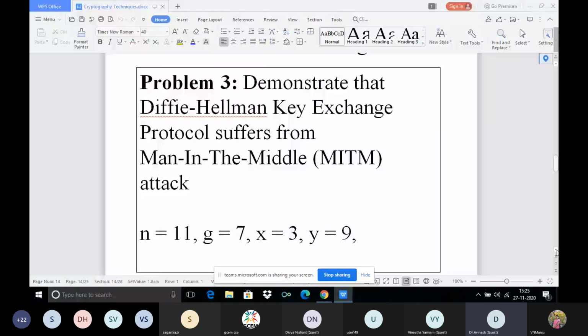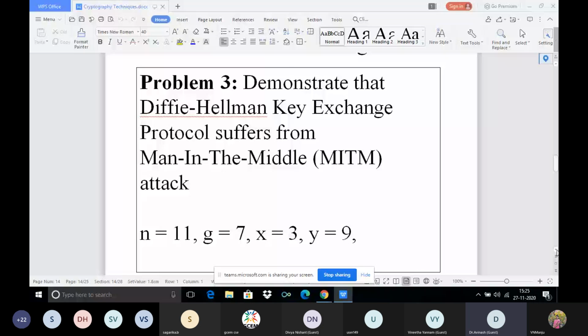Either that intruder can add some different part into the message, or the content of that message could be altered, or it could be deleted. Such kinds of attacks are called the man in the middle attack.